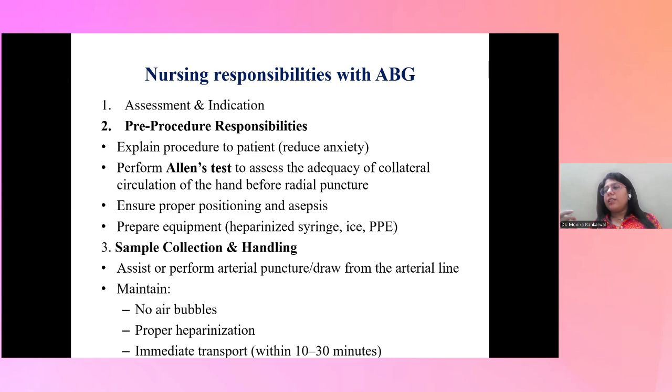That results in consumption of more O2 and production of more CO2, so it will falsely give you a result toward the acidosis side. So we have to ensure fast and immediate transportation of the ABG blood sample, to avoid any false interpretation and false results for the patient, within 10 to 30 minutes.